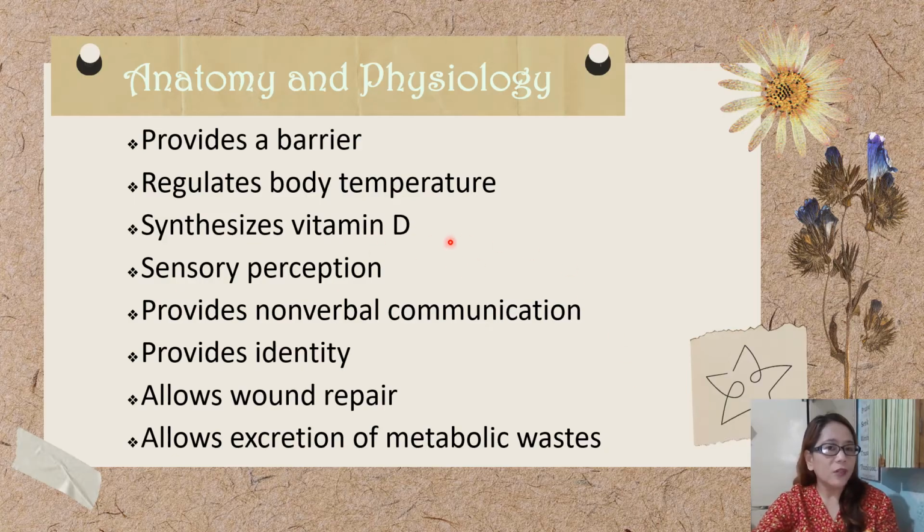It also helps in the regulation of body temperature by allowing heat dissipation through the sweat glands and heat storage through the subcutaneous insulation. Also, our skin helps in synthesizing vitamin D. The vitamin D helps calcium absorption and immune function.